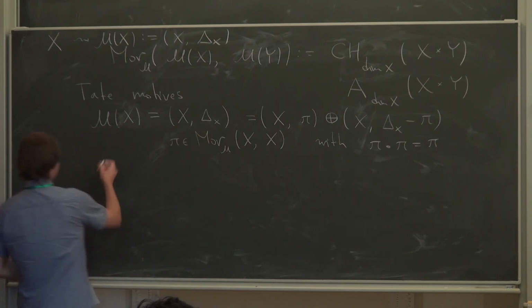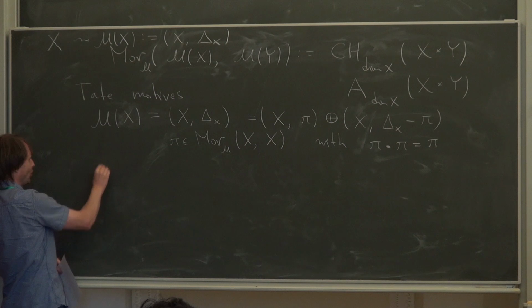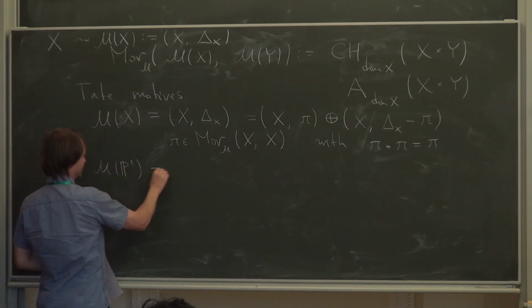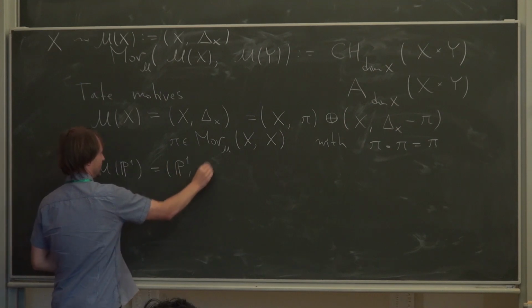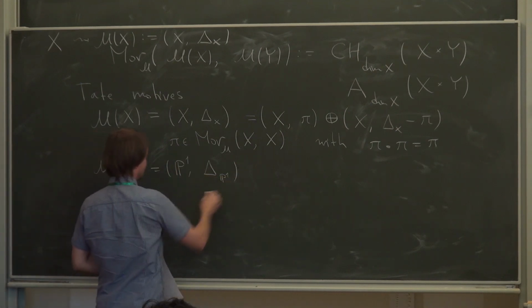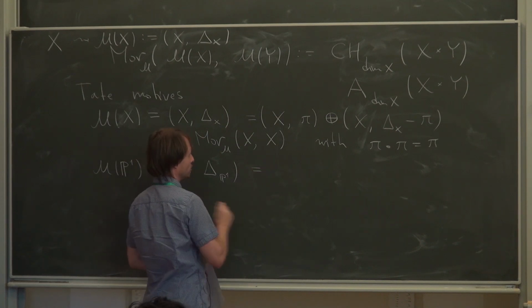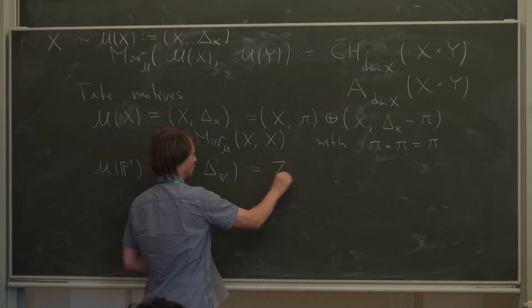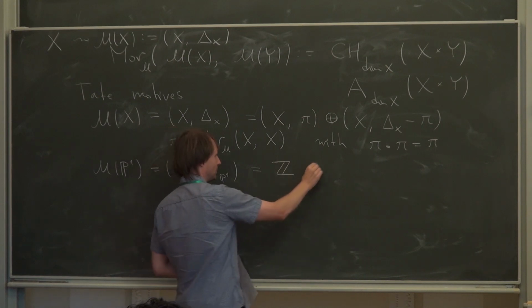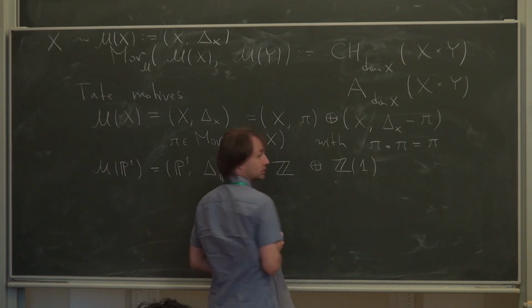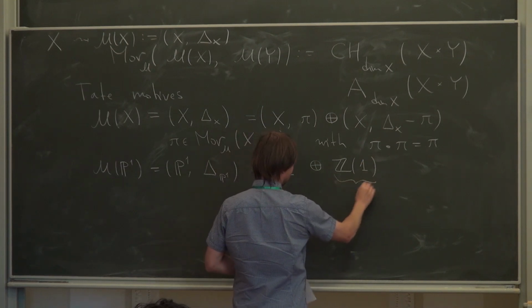In this sense, let's plug in P1, the motif of P1. Then we can decompose it, indeed, into a sum of two motifs. One is denoted by Z and another by Z1.